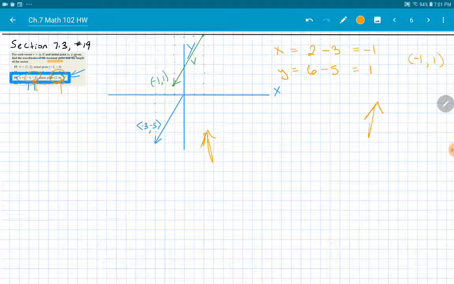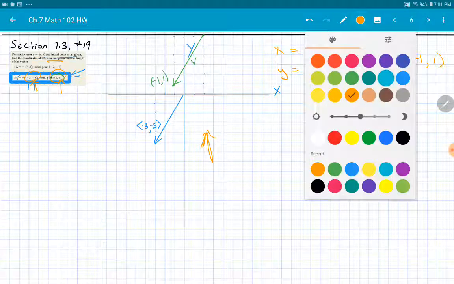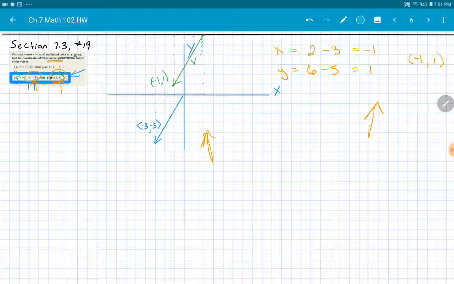Now we need to find the length of the vector. I'm running out of colors here. Let's do it in light blue. You can look at this as kind of like a right triangle or a Pythagorean theorem. So the magnitude of V, which I write with the vector name with the absolute value bars, shows me the magnitude or the length.